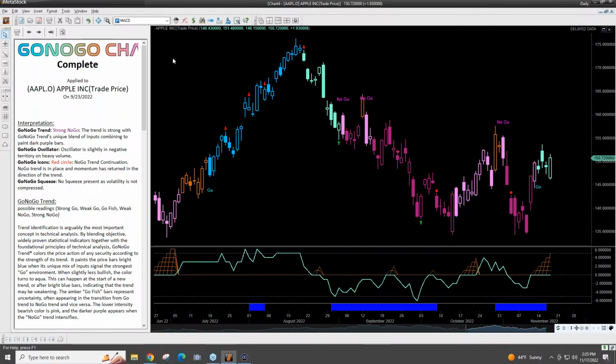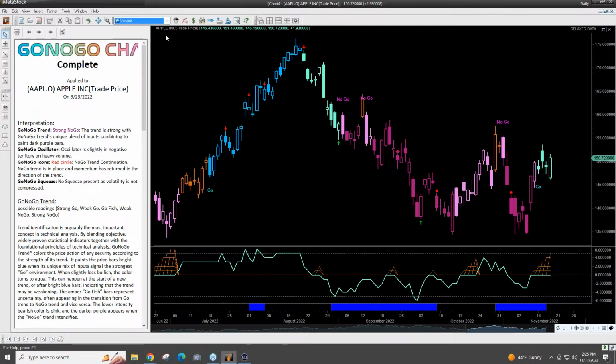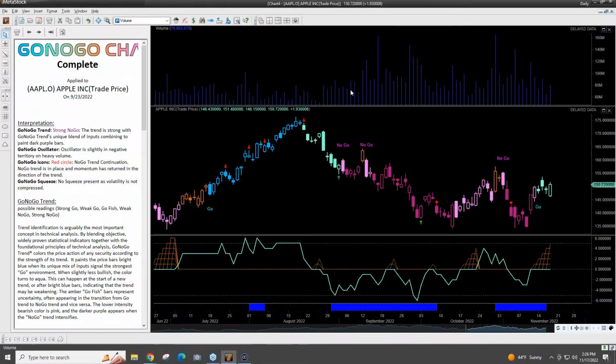If you actually plotted a volume indicator on here, just as a visual look, we could go up and put it in its own window up here. So you can see in these areas where it's matching up.